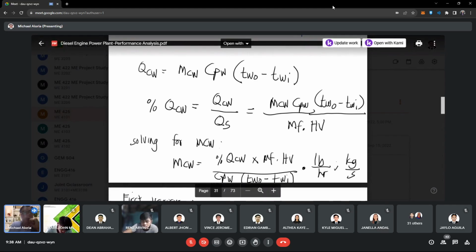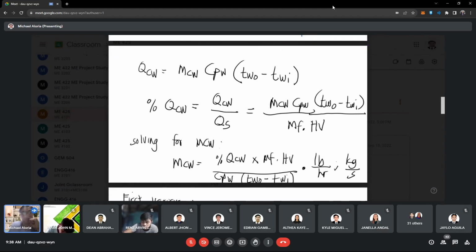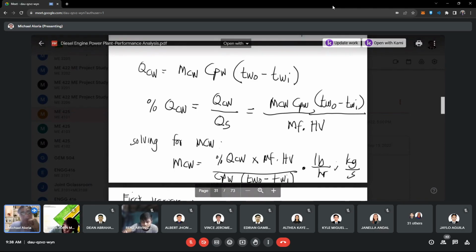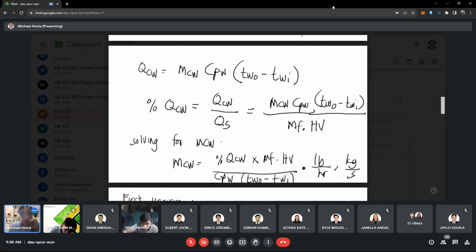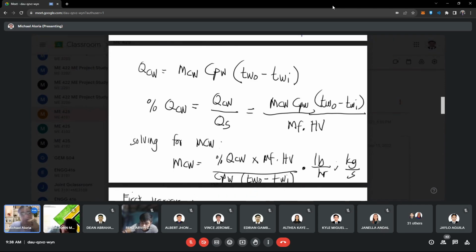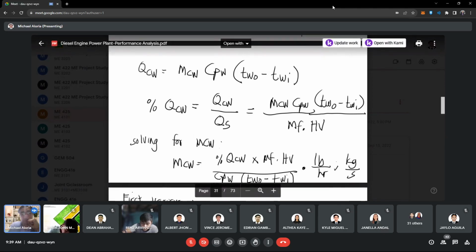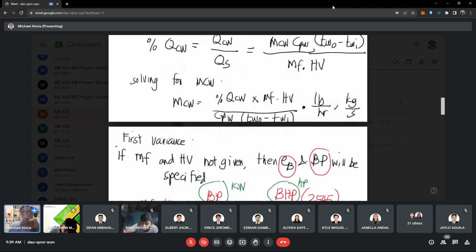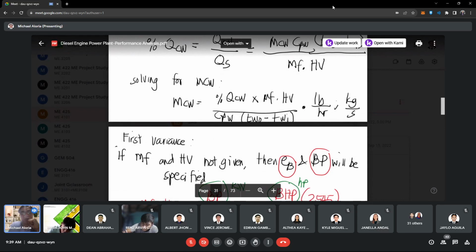Pag kinuha mo yung percent heat carried by the cooling water, kukumputin natin yung QCW, and then i-divide natin ng heat supplied. So ito yung equation natin again over mF HB. And then from this equation, pwede nating masolve yung mass ng cooling water.